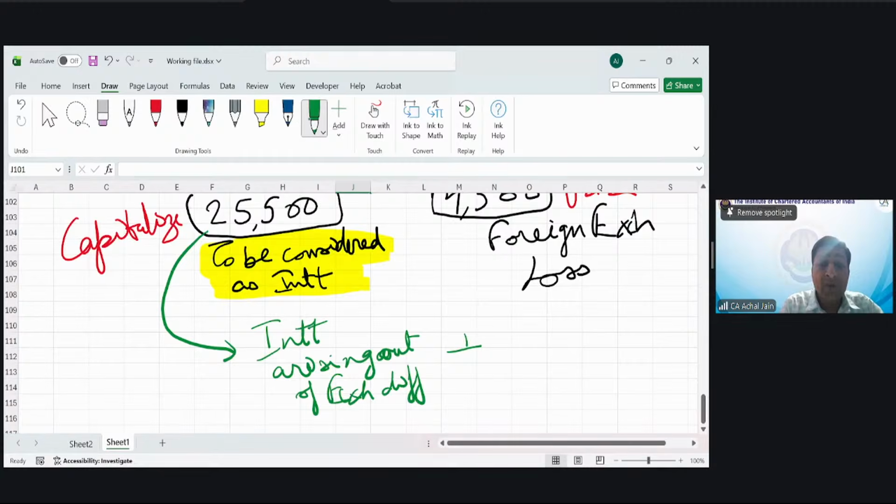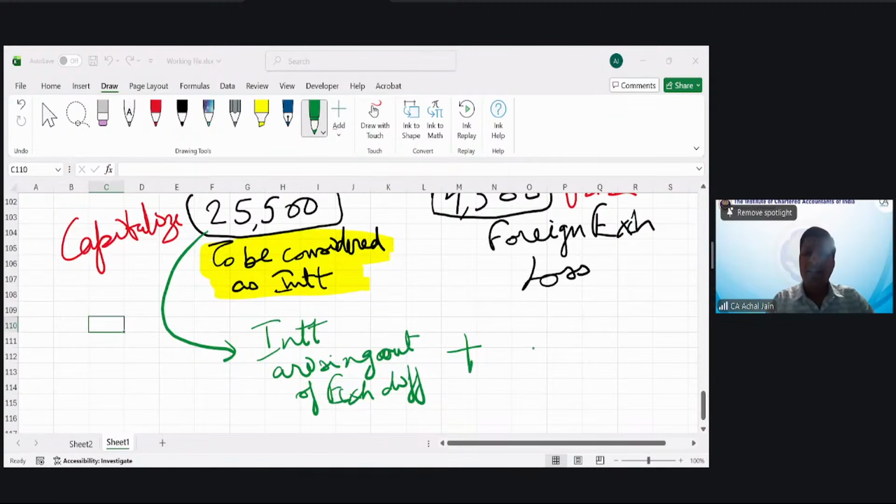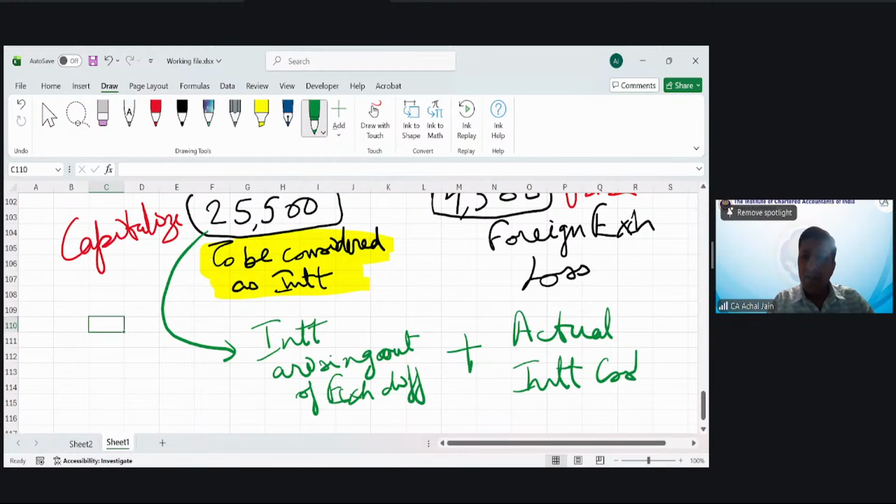Other than that, if you remember, the company has incurred an actual cost of interest. Can you tell me the amount of that? What is the amount of actual interest which the company has incurred during the year? 24,000. Very good. Actual. So why do I call it actual? Because that's something which pertains to the loan. Actual interest cost.